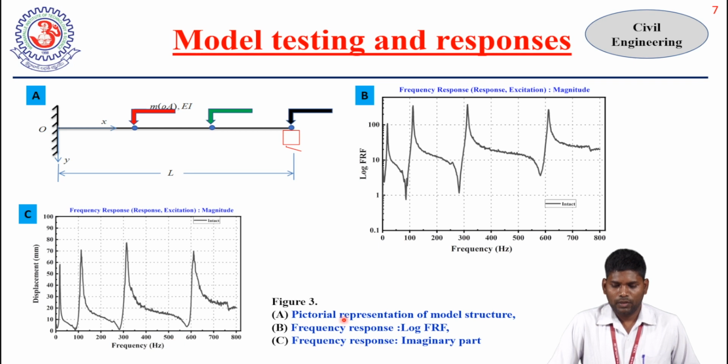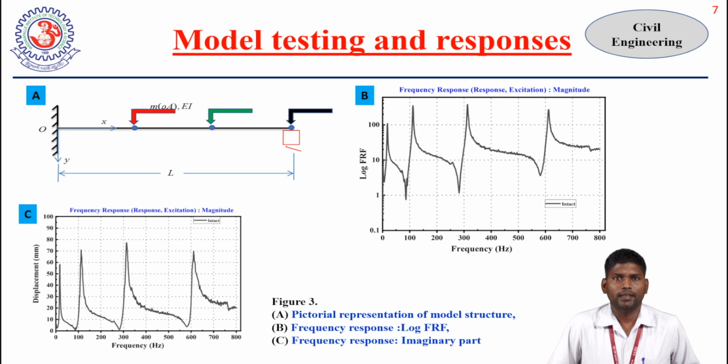So here is the pictorial representation of the modal structure, the frequency response, log FRF, and the imaginary part. Here figure C shows the imaginary part that we are going to use to construct the mode shapes of the cantilever beam.